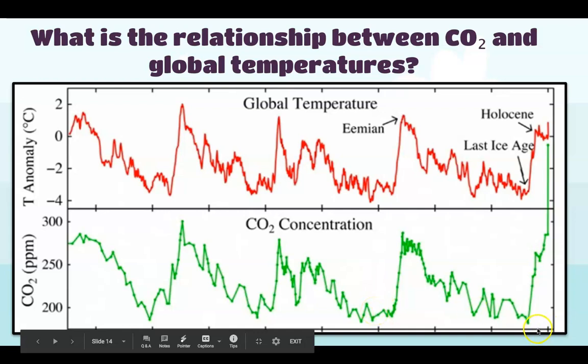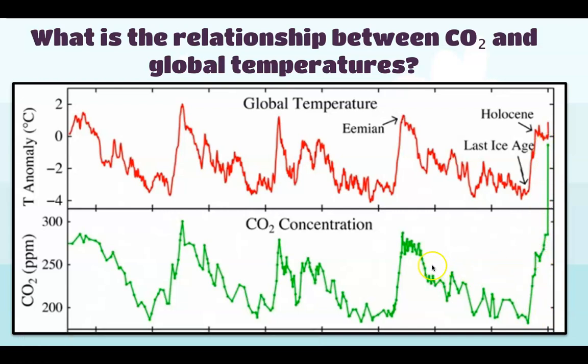Where I want us to focus is over here, the current carbon dioxide levels in modern day. And if we notice, these carbon dioxide levels are currently off the chart. They are higher, almost twice as high, than they have been in the past 800,000 years.